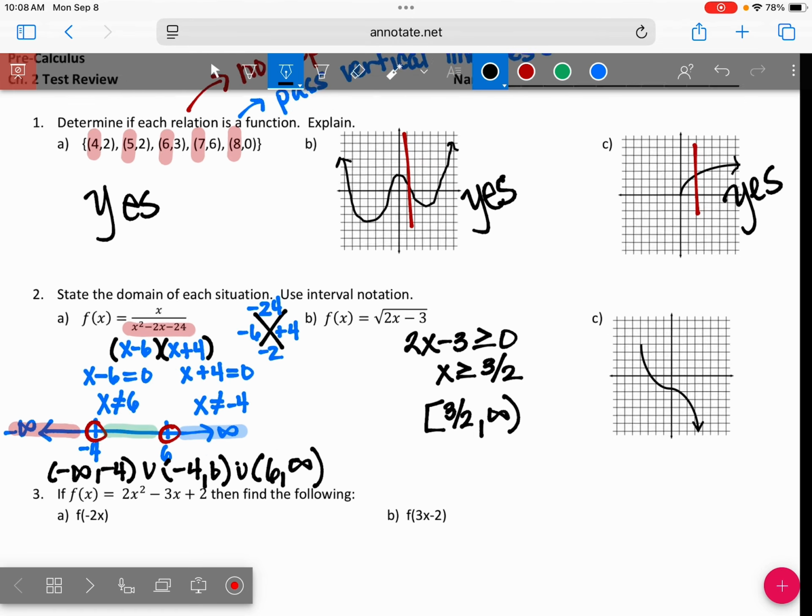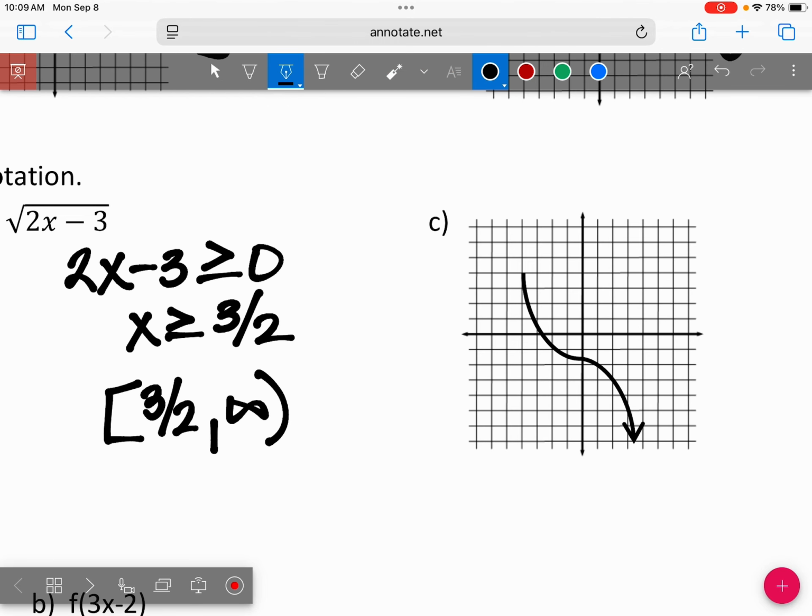All right, when we're looking at a graph, let me zoom on in here. We're going left to right, so I have to figure out what is this point on my graph. So if I hop over, that would be -1, -2, -3, -4. And my values are getting bigger.